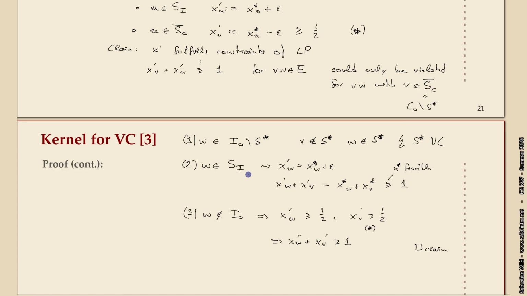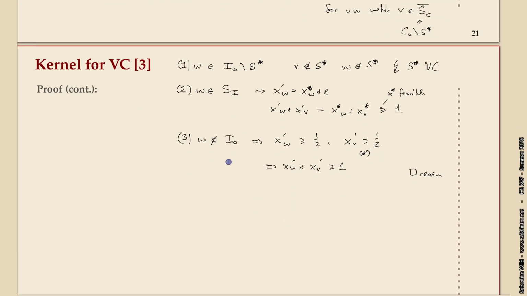Now, what do we get from that? Because X is an optimal solution of the LP, we get that the sum over all vertices in the new solution we construct cannot be smaller.